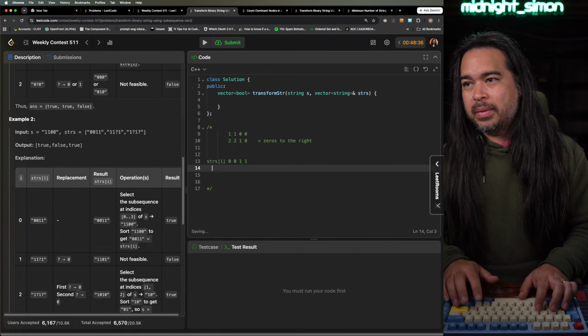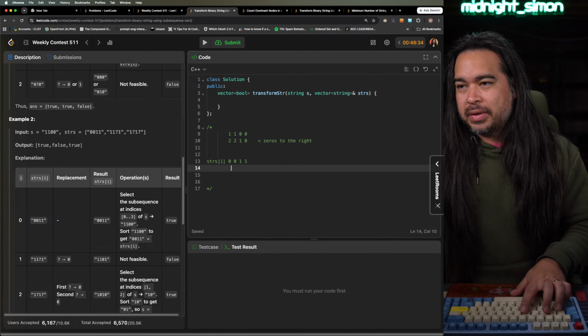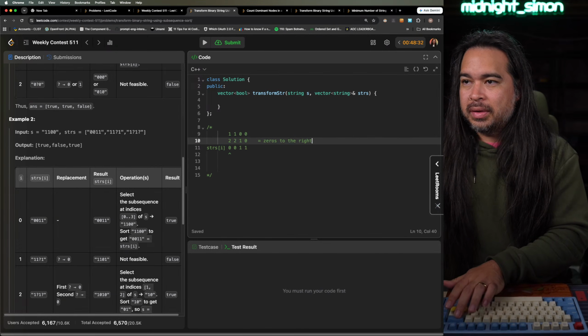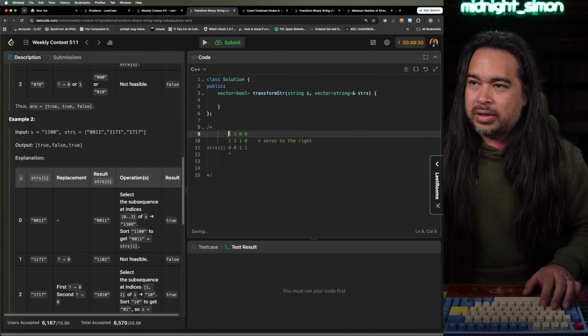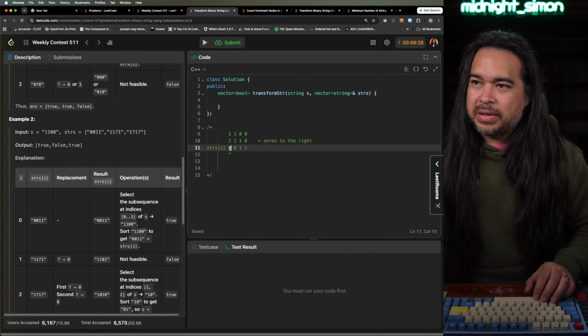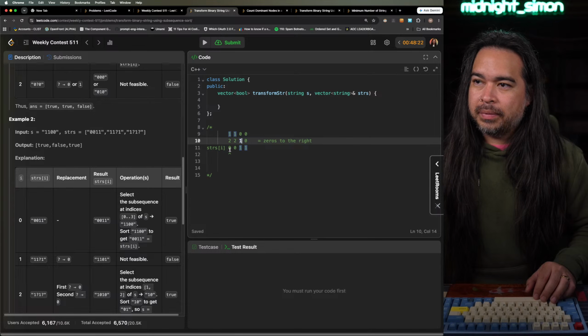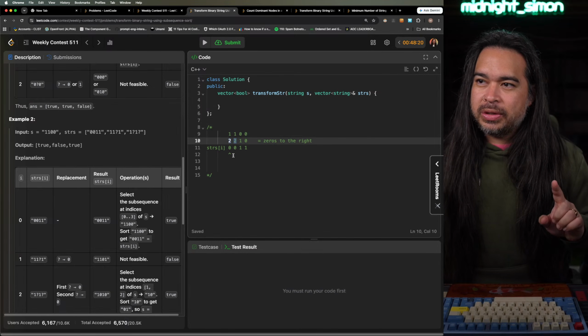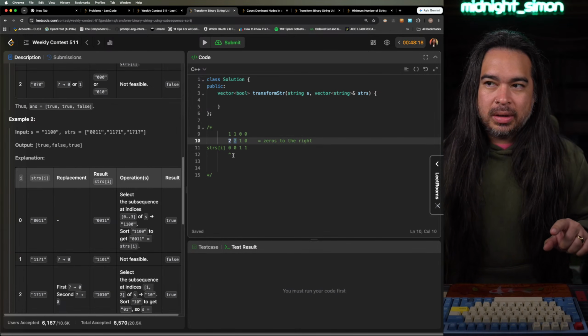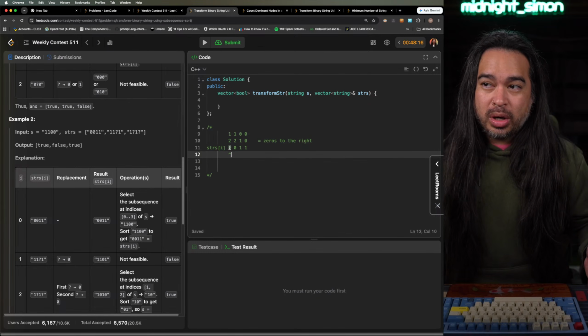And then we come across this. It should be a 1, but it's a 0. So we say there's 2 zeros to the right. We should swap them.